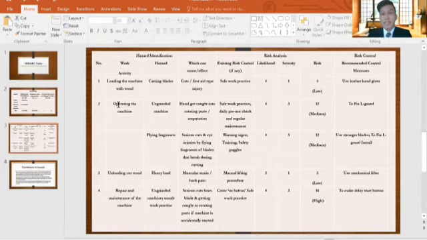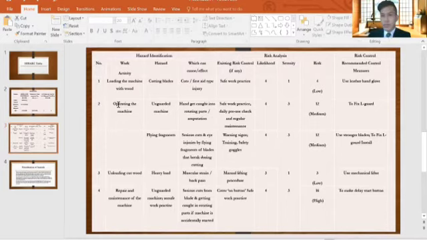And stated inside here as well, the existing risk control for this work activity is the implementation of safe work practice. So they have also recommended a risk control measure by using an addition of PPE, personal protective equipment, which is the usage of leather hand gloves to ensure more safety towards the hands while doing the activity.